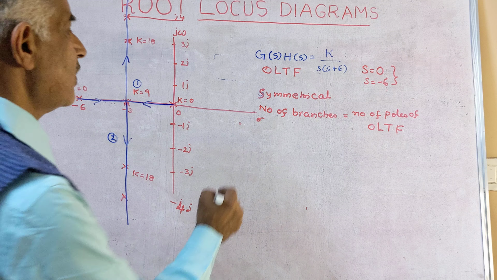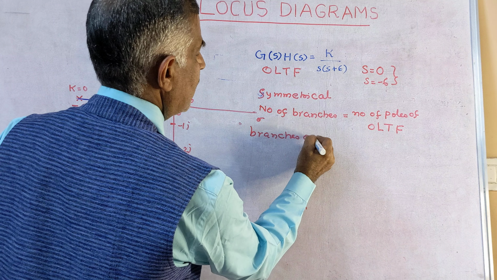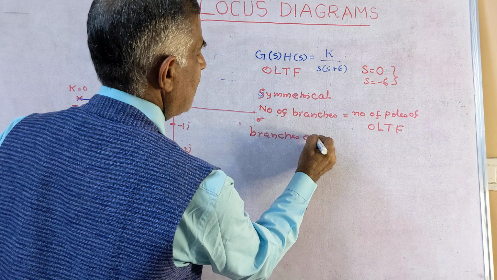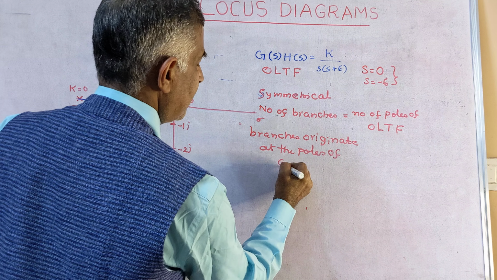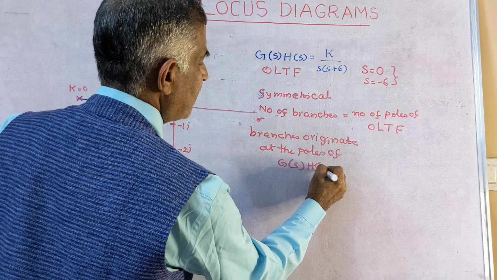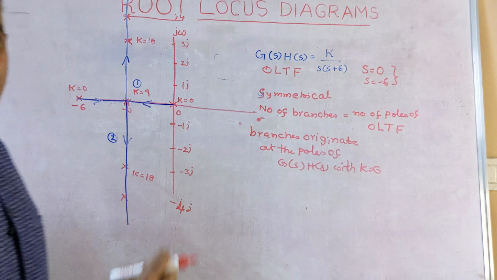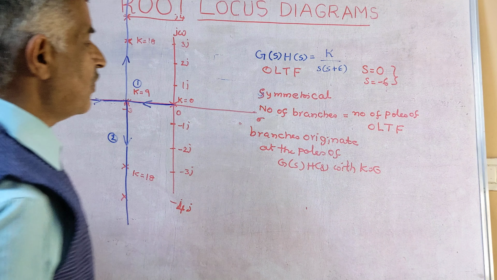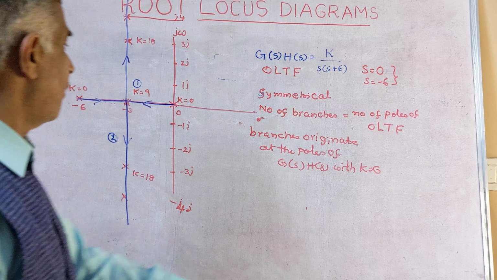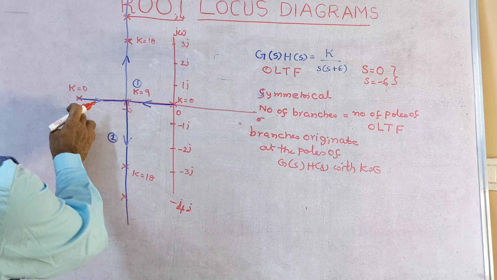Therefore, in root locus, branches always originate at the poles of G(s)H(s) with k equal to 0. That is why they originate here and here.